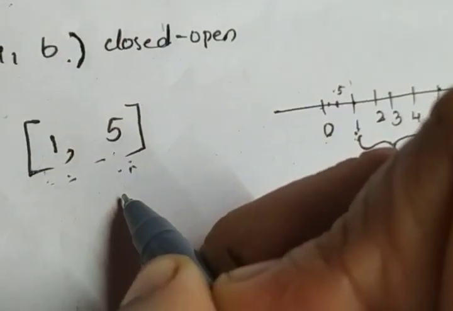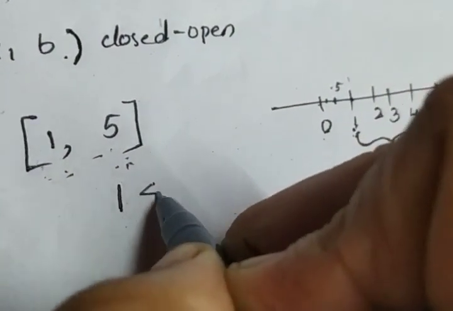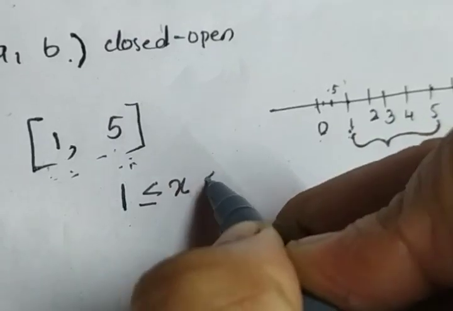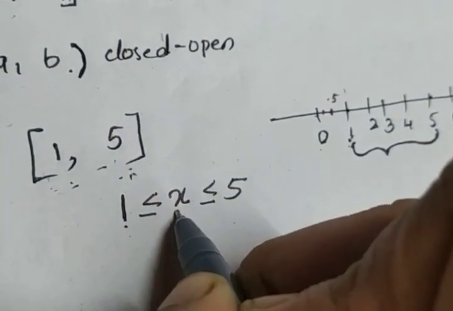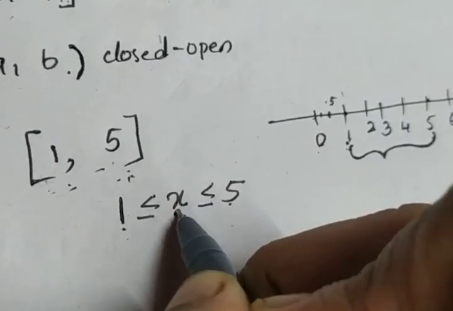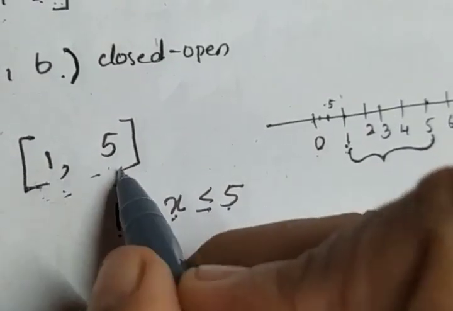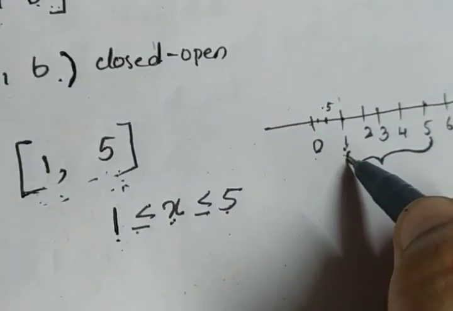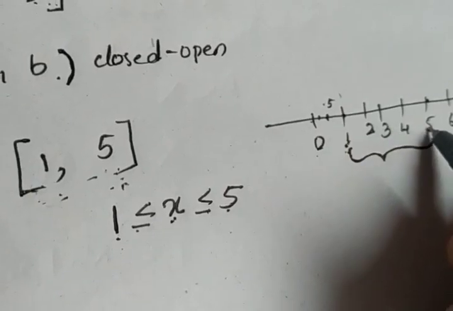If I want to represent it in less-than-or-equal form, I can write 1 ≤ x ≤ 5. x can take the value 1, x can take the value 5, or x can be a value between 1 and 5. So closed interval [1, 5] means all the real numbers between 1 and 5 including 1 and 5.